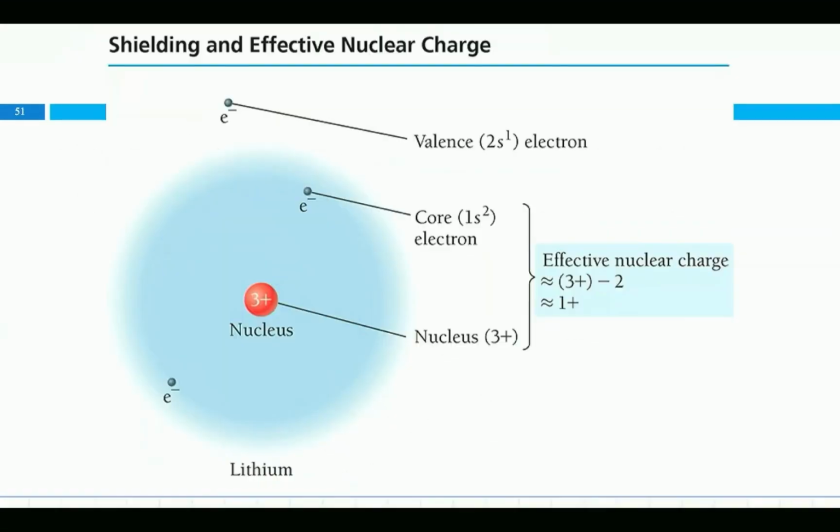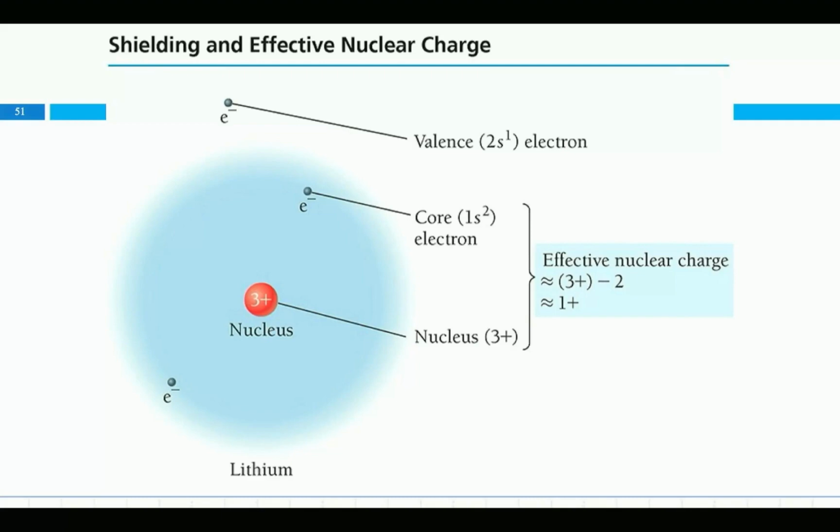So we look at a bunch of different electrons around just lithium. Keep it real simple. This 1s electron is a core electron. And it's in the 1s shell. So it's pretty close to the nucleus. It's feeling the full 3+ charge from the nucleus. But if I go and I look out at this valence electron in the 2s orbital, it's farther away.